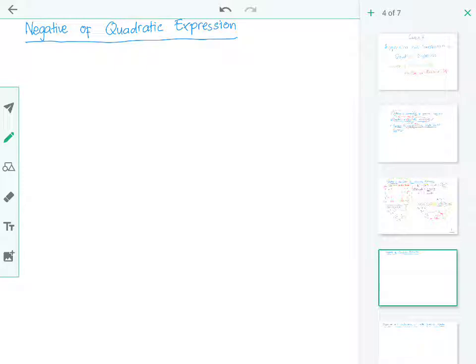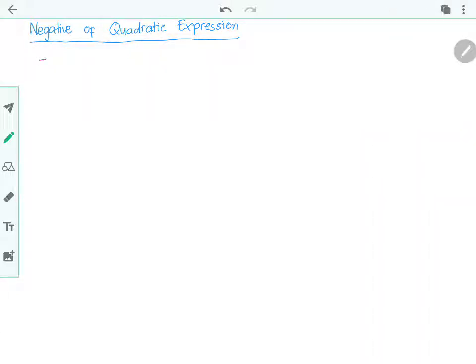For example, here I'm going to use the question from Practice Now page 076. Let's say I have negative, in the bracket, 2x squared plus x plus 1. Now look at this. This minus here belongs to 2x squared and also x and also 1.